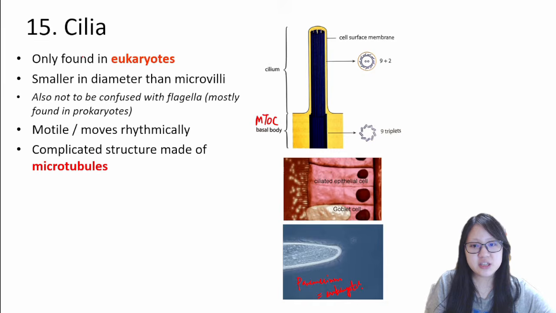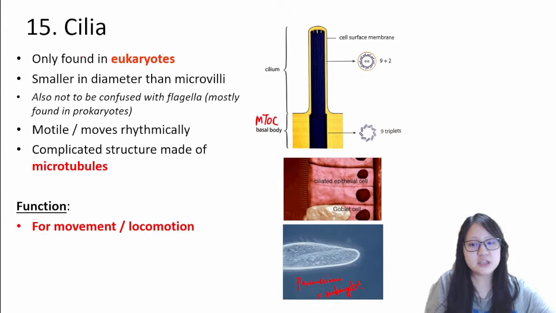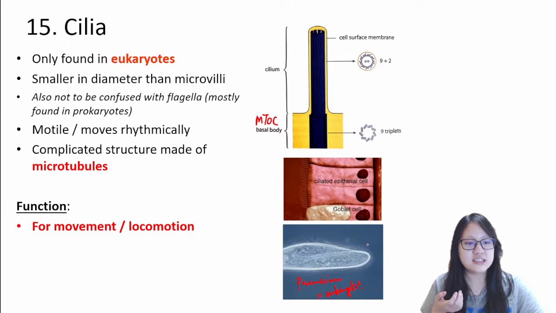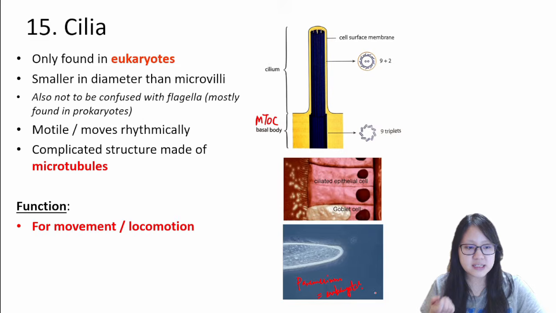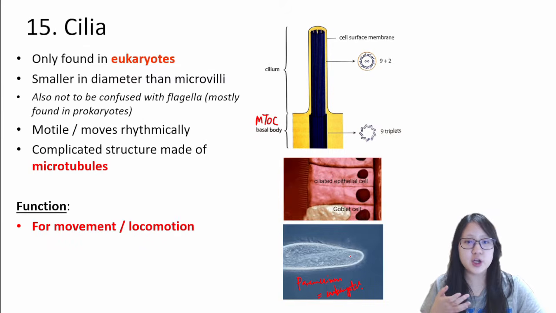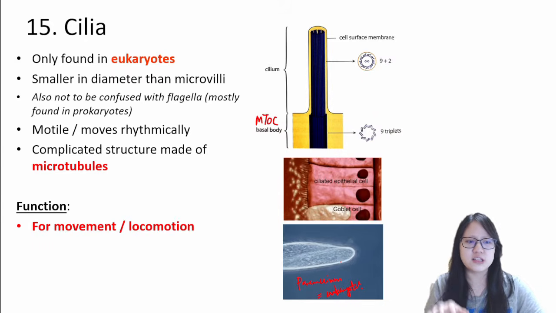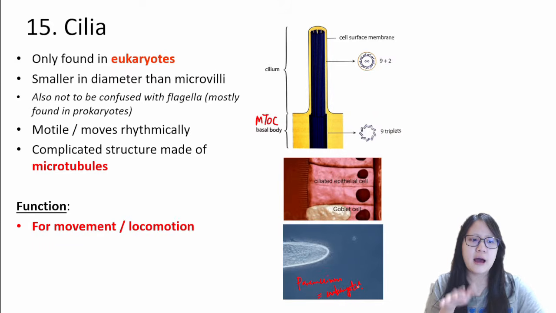It moves rhythmically, and its function is really for movement and locomotion. This here is actually a paramecium, which is a eukaryotic organism. It's unicellular, so it's just one cell, a microorganism, but it is a eukaryote because it has a nucleus.